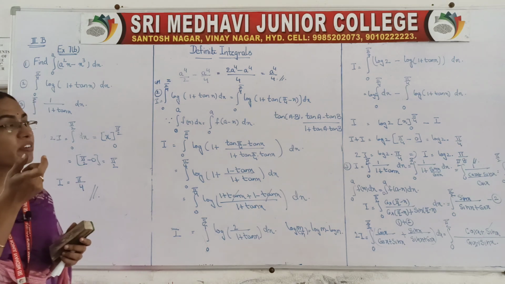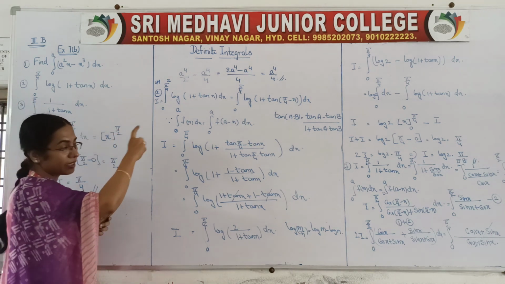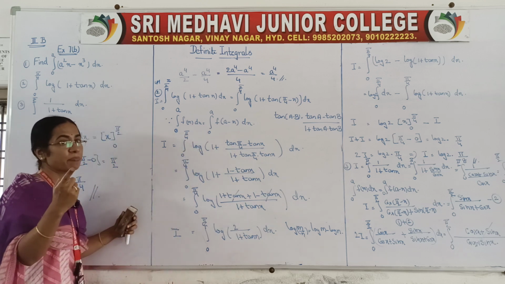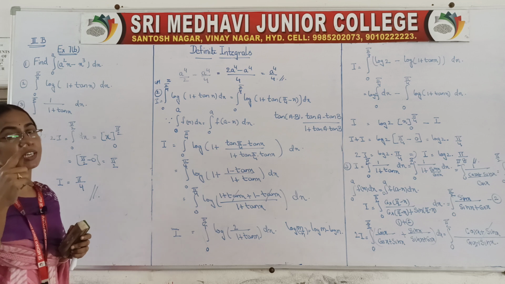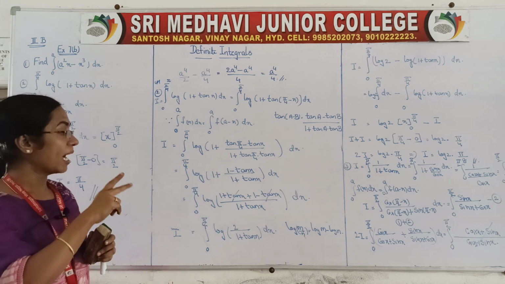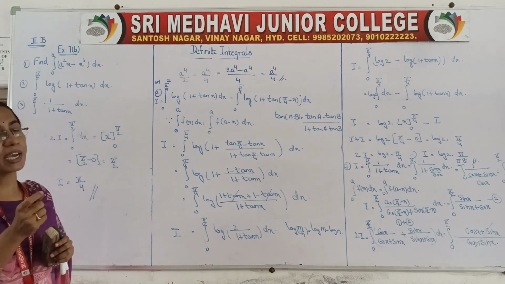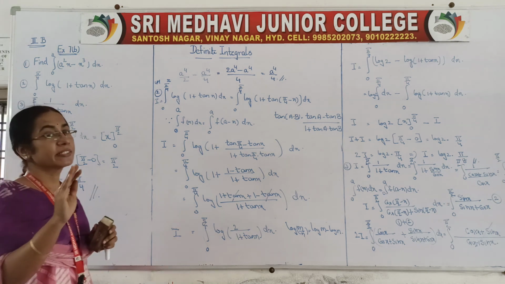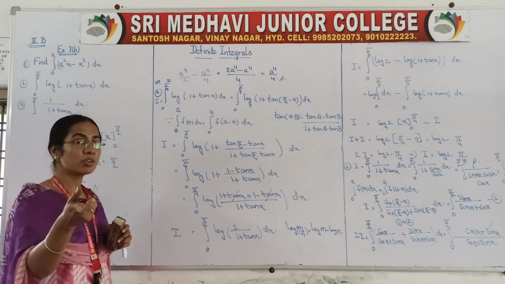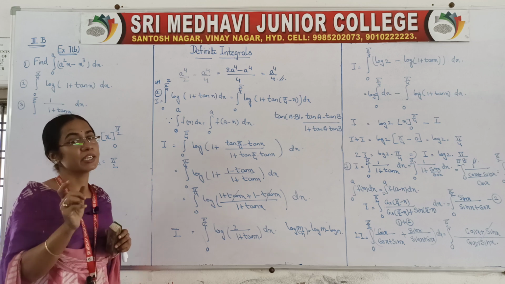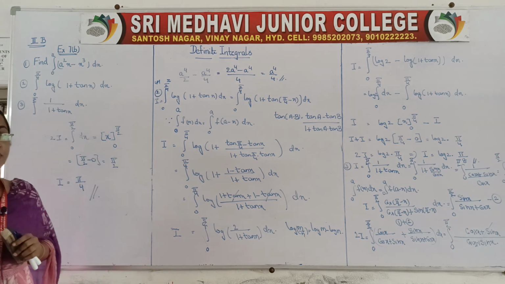We'll consider the given question as I, then we apply this formula, and we'll get a second I. We'll consider the first equation as 1, the next as 2. By adding those two, you will get 2I and simplify the entire problem. After that, 2I is equal to some value. Send the 2 also to the other side, then you will get your required I value.